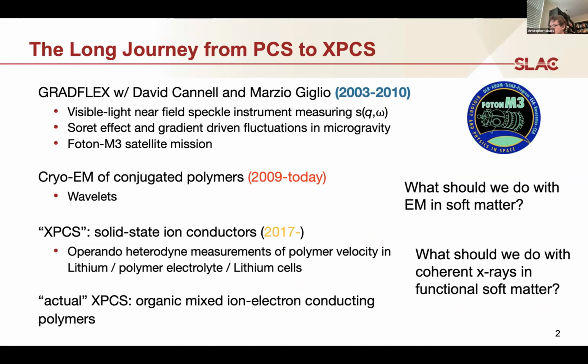I started doing visible light scattering with, I think some of the people here may know, David Cannell and Marcio Giglio, on a project where we were trying to understand fluctuations in non-equilibrium conditions in microgravity and on Earth, using an instrument based off a visible light near-field speckle measurement to measure S of Q and omega. That was flown on the Photon M3 mission back in 2007.